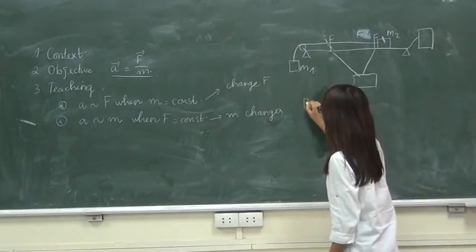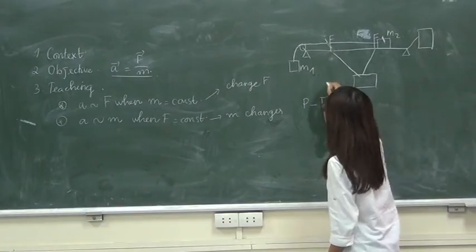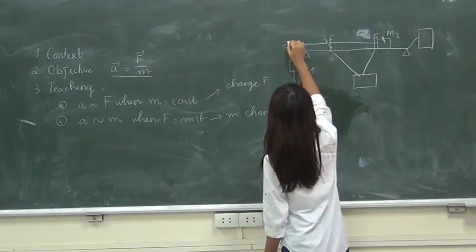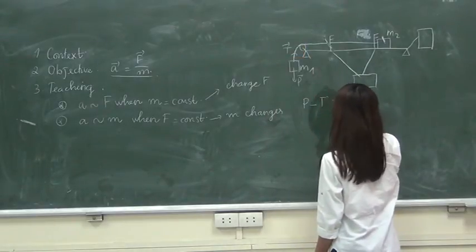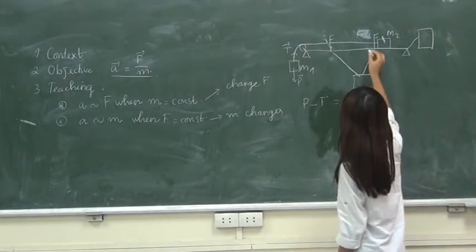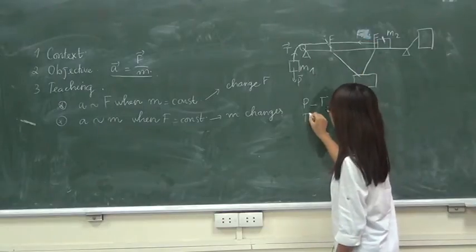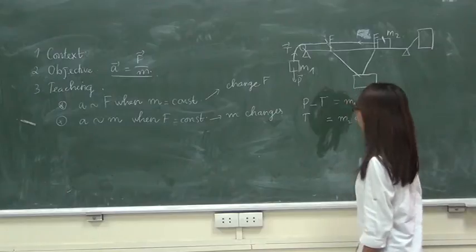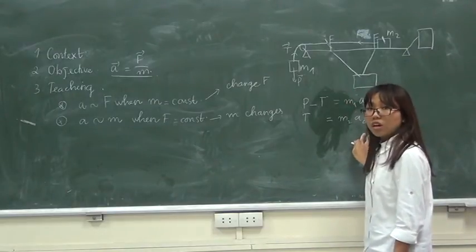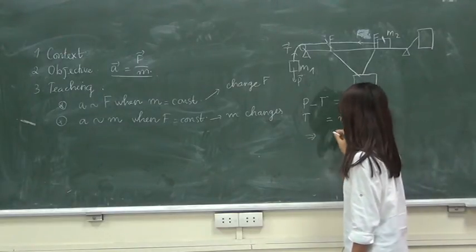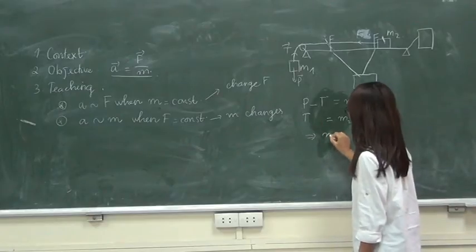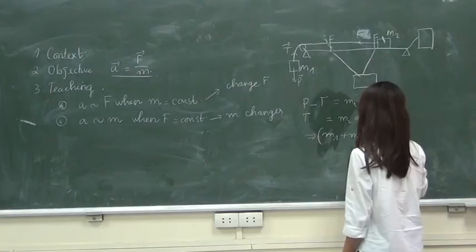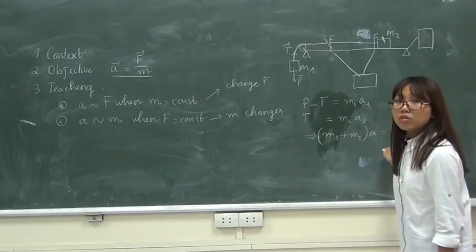We have P minus T equals M1 A1, and we have T equals M2 A2. Since A1 and A2 are equal, so I can plug that in: M1 plus M2 times a equals P. The next first.